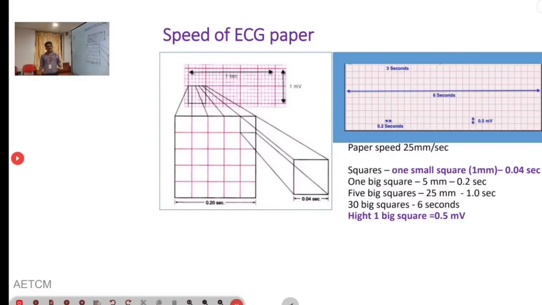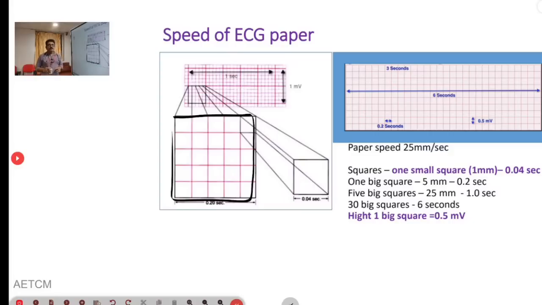Now the ECG paper runs at a speed of 25 millimeters per second. The duration of each small square is 0.04 second, that is 1 millimeter square is equal to 0.04 second. 5 small squares will become 1 big square. 1 big square is 5 millimeters, 0.2 seconds. 5 big squares are 25 millimeters, or 1 second. 30 big squares are 6 seconds.